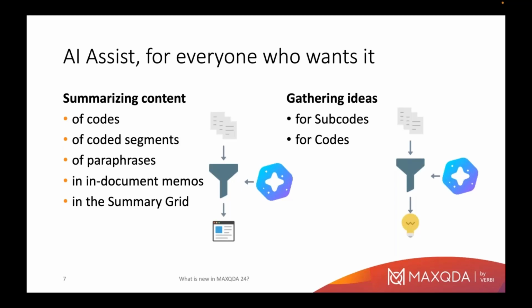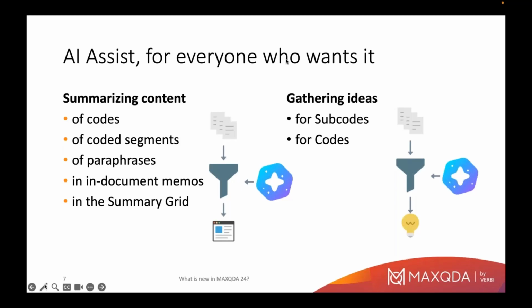I will very briefly give you the core idea. AI Assist is connected with a GPT 3.5 language model that helps you to summarize content in your MAXQDA and to gather new ideas for codes and subcodes.